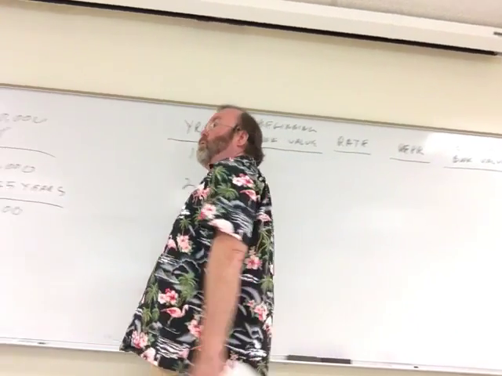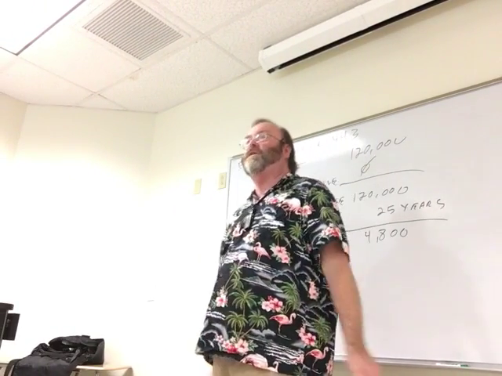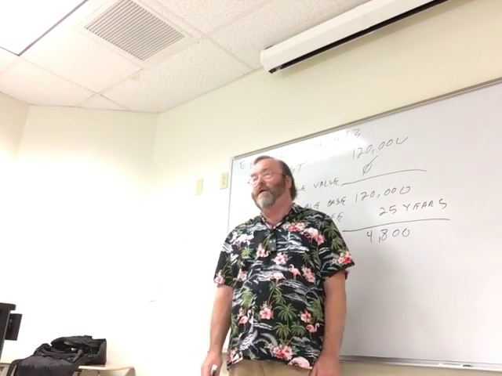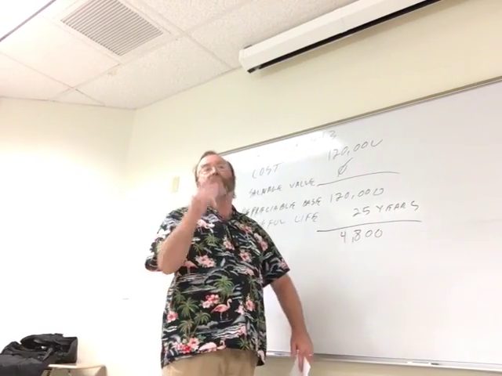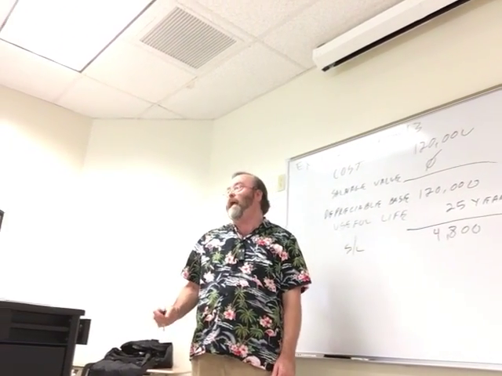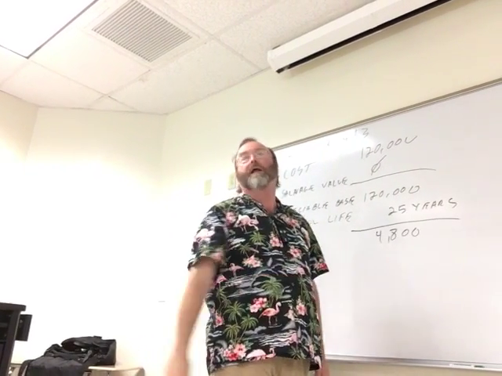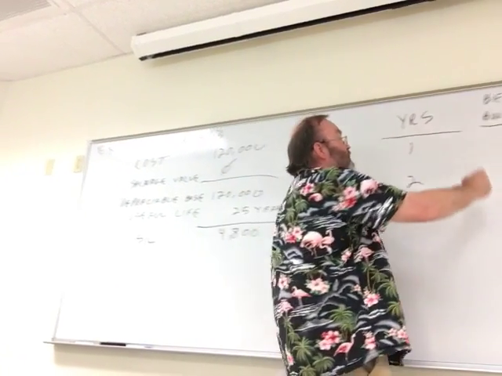Okay, book value is the cost of the asset minus the accumulated depreciation, all of the depreciation that you've taken. So what's the book value for this tractor at the beginning of year 1 when we bought it? $120,000.